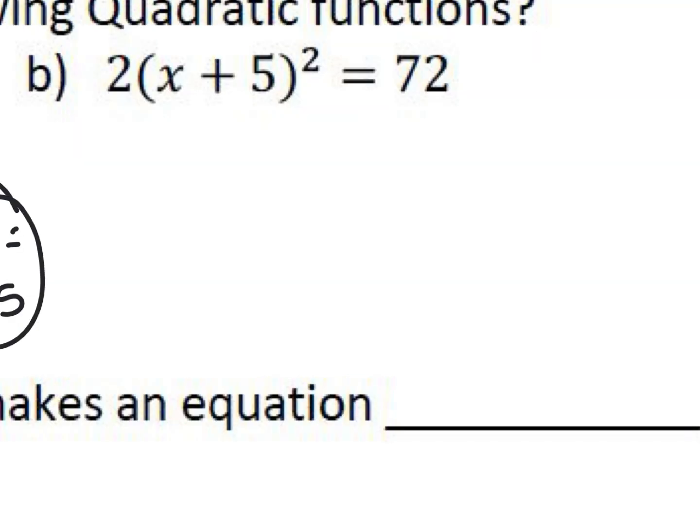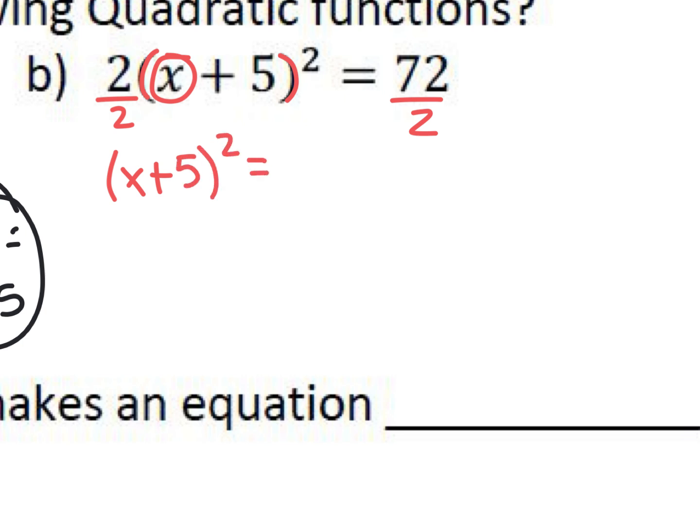On this second one, this is that square root method. We've got this parentheses here, so we need to move everything away from our x. So this 2 is multiplying, so instead we're going to divide. X plus 5 quantity squared. Anyone know 72 divided by 2? Should be 36. And then how do we undo a squared?